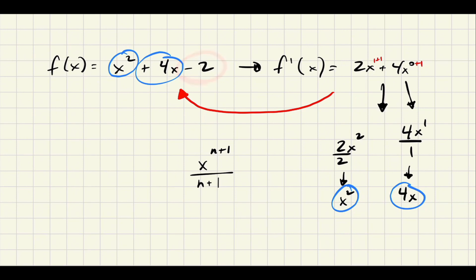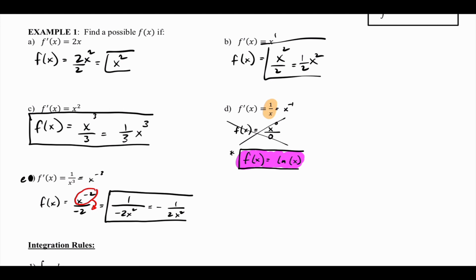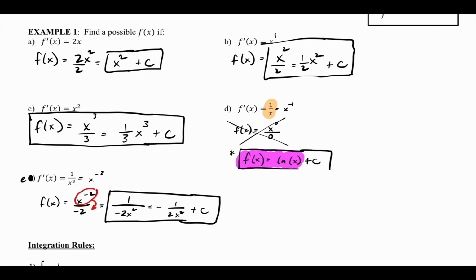So anytime we're doing antiderivatives, we always want to put a plus c in. Plus c means a constant. There could be a constant out there. Unless they tell you differently, put the plus c out there.